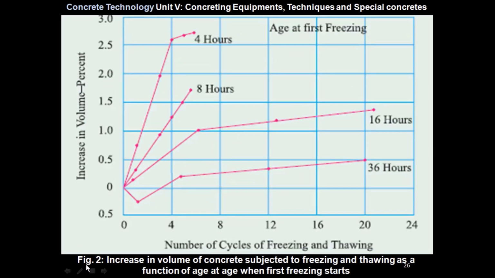Here we can see figure 2, increase in volume of concrete subjected to freezing and thawing as a function of age when first freezing starts. On the horizontal axis we can see the number of cycles of freezing and thawing, and on the vertical axis we can see the increase in volume in percentage.